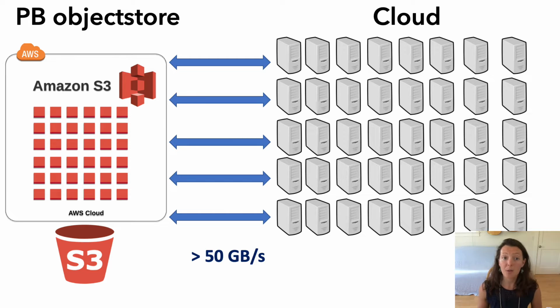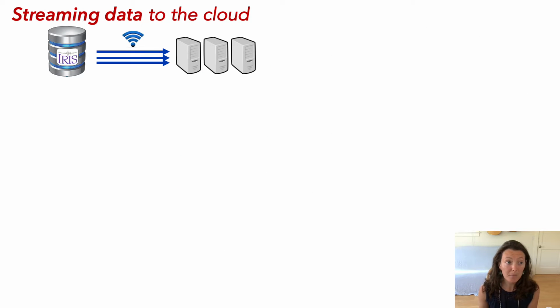The cloud computing part is the same nodes that you would have on an HPC cluster, except that they're not tightly connected. There is slower communication between the nodes. That said, for throughput speeds, this is great. Lots of small computers can all query the object store, and we can gain up to 50 gigabytes per second or more throughput speed as we wish.